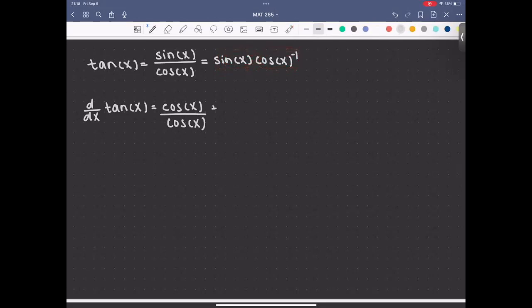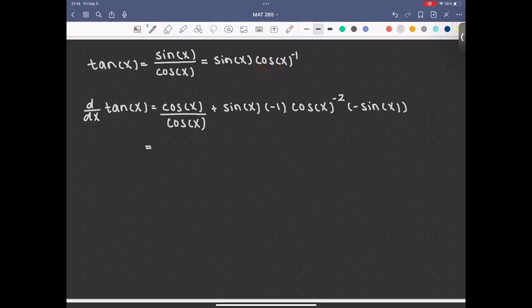Now plus, leave sine of x alone. Take the derivative of cosine of x to the negative 1. Well, it's going to be negative 1 times cosine of x to the negative 2. Now chain rule, right? I have to take the derivative of cosine of x. So it's going to be what? Negative sine of x. Very good.